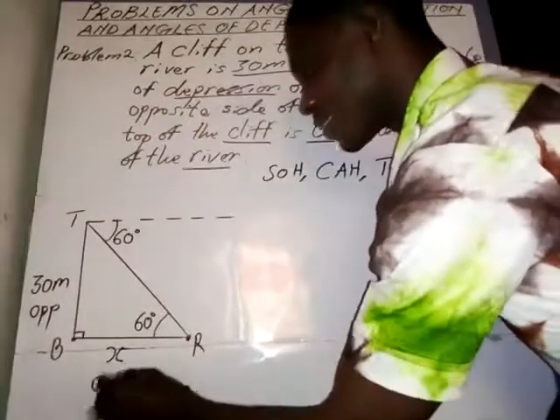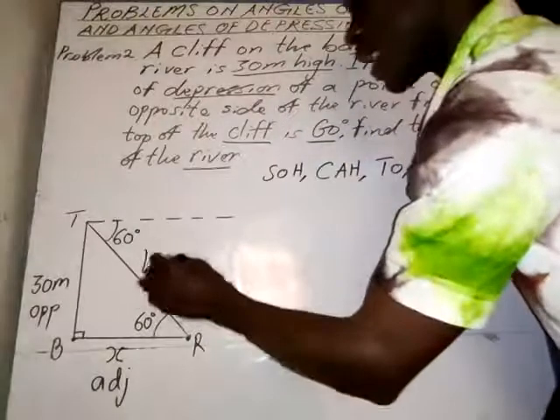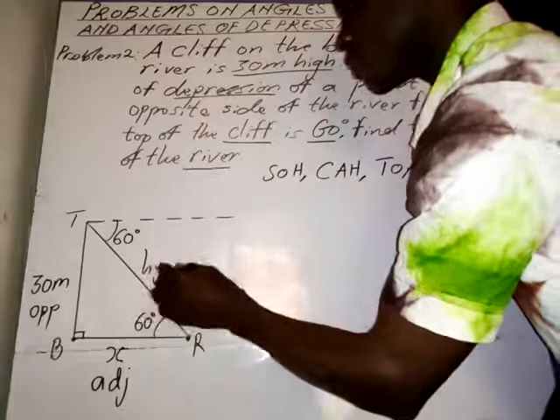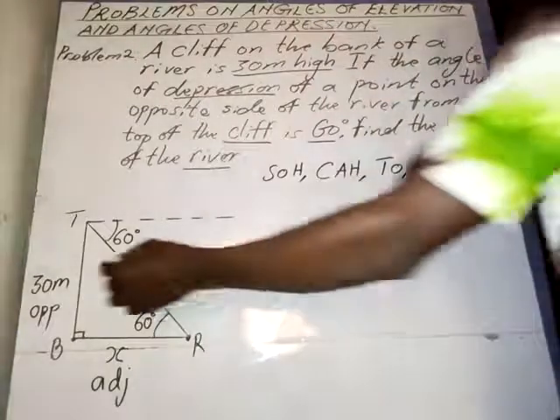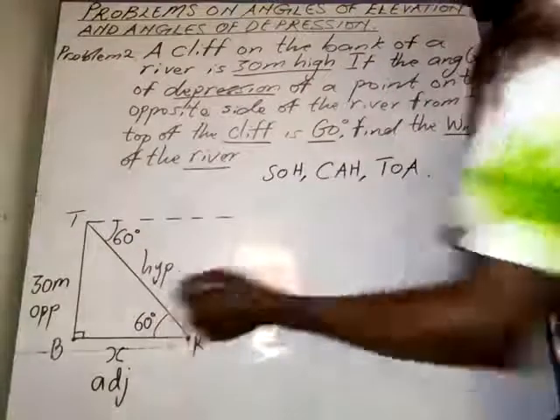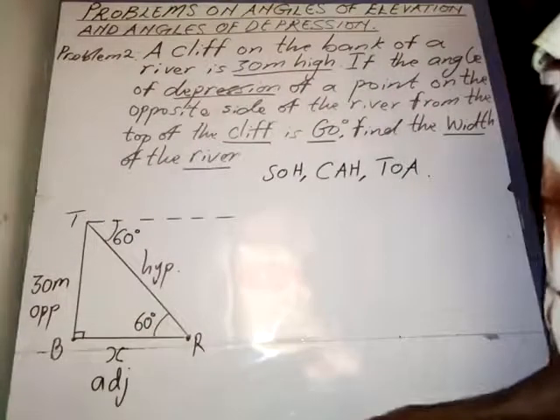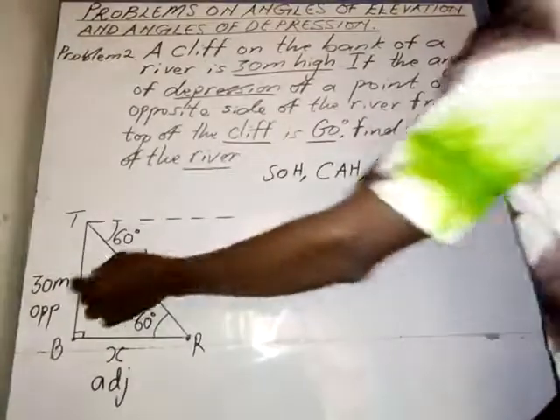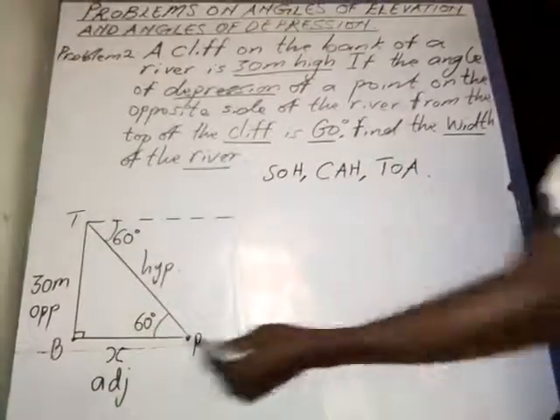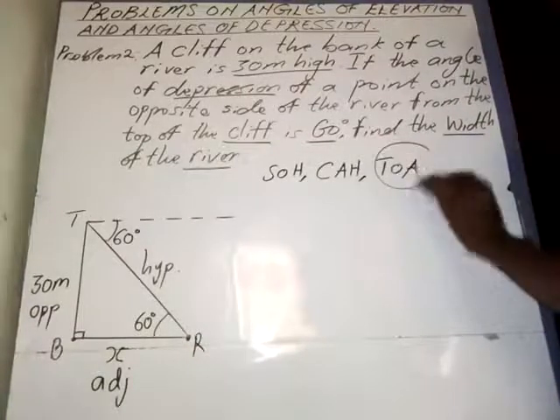This is the adjacent side, and this is the hypotenuse side of the right angle triangle. So which one among these has what we are given here? We have opposite and we have adjacent. So we can make use of TOA.